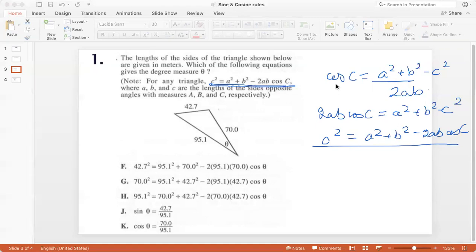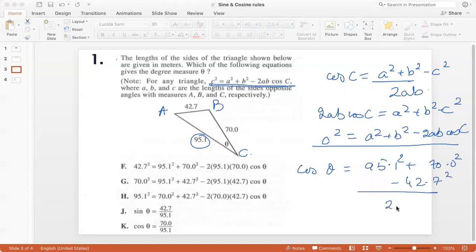Now, the thing about this question is that, let's say this is a, this is b, and this is c. So then cos theta, which is cos C, would be 95.1 squared plus 70.0 squared minus 42.7 squared divided by 2 times 95.1 times 70.0, right? That's the cosine rule.